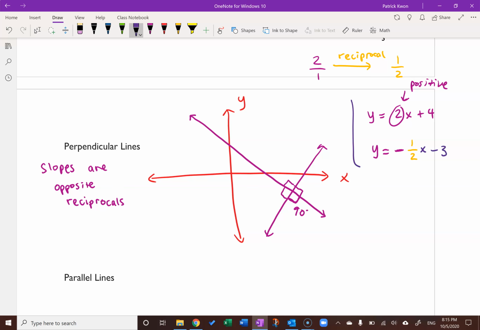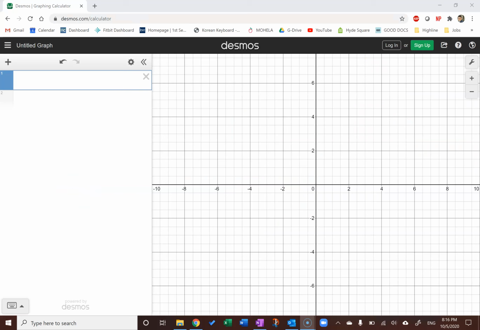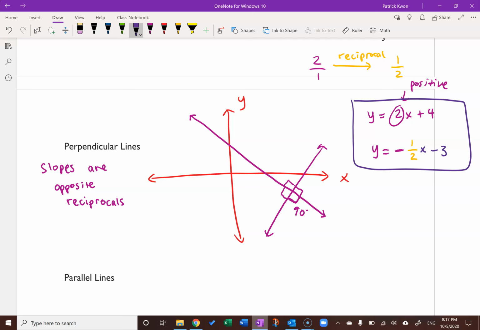Let's go ahead and graph these two on Desmos and just make sure that Mr. Kwan isn't lying to you and just spreading false rumors. All right, so the first equation that we had was y equals 2x plus 4, I think. Let me go back and check. Yeah, y equals 2x plus 4.